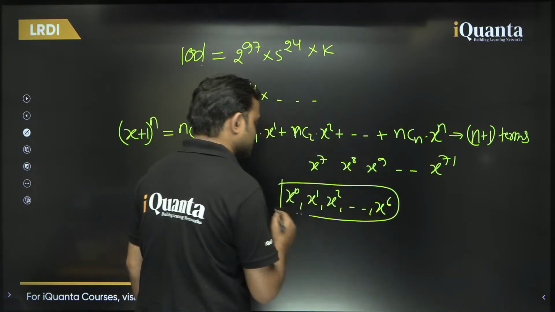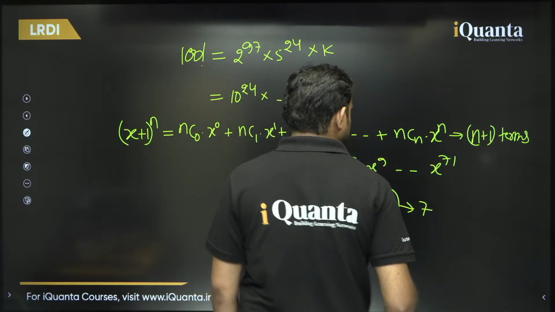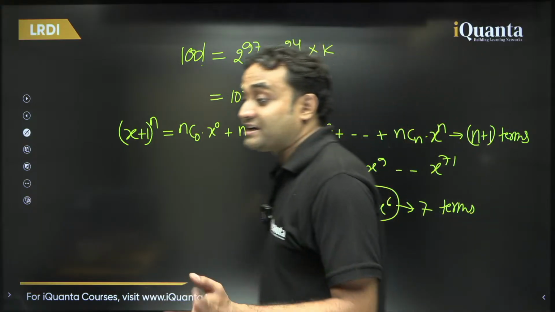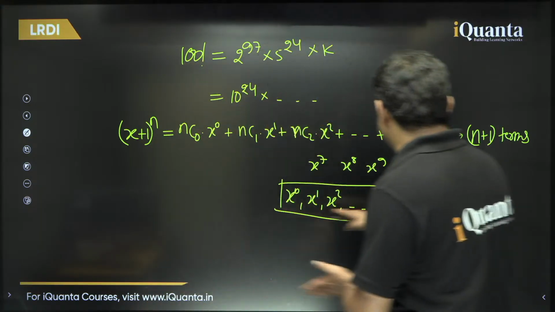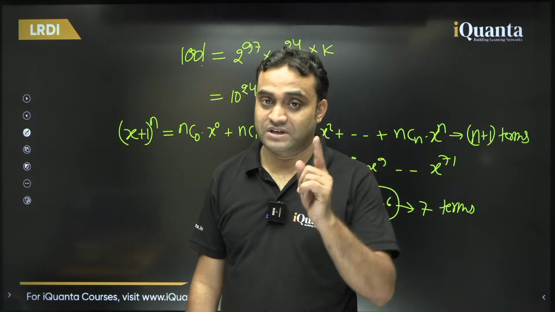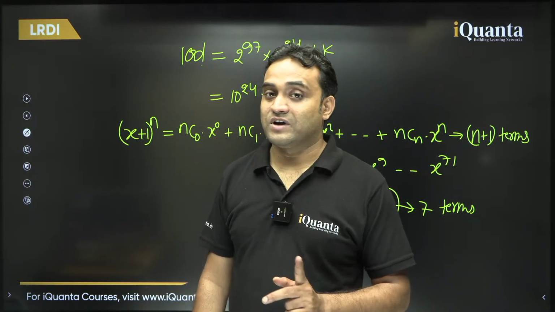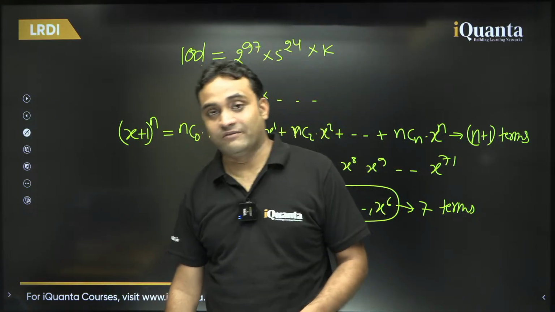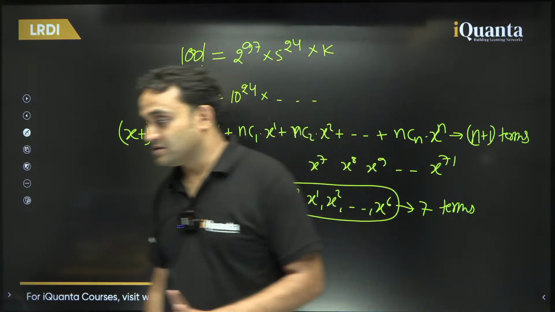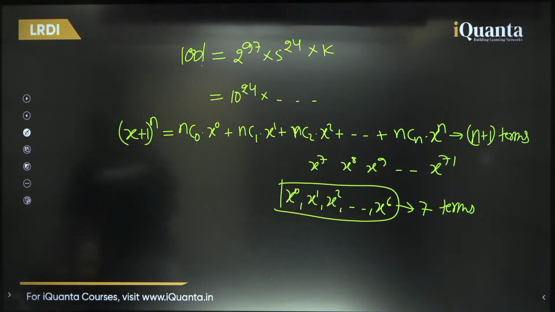All of these terms we don't count. These are 7 terms. So out of 72 terms, we need to exclude these 7 terms, because these 7 terms are not divisible by x to the power 7. Is that clear now? That's why we have taken 72 minus 7, which is 65 terms. Okay? Pujit, is that clear?